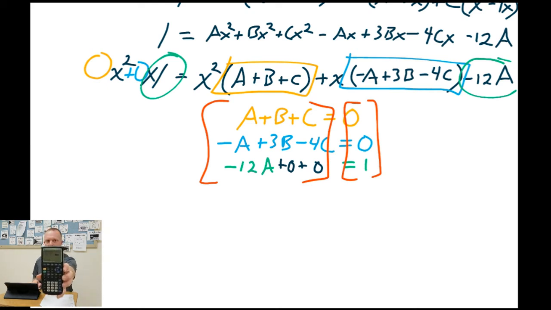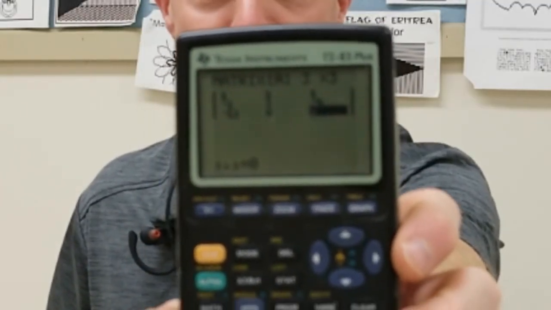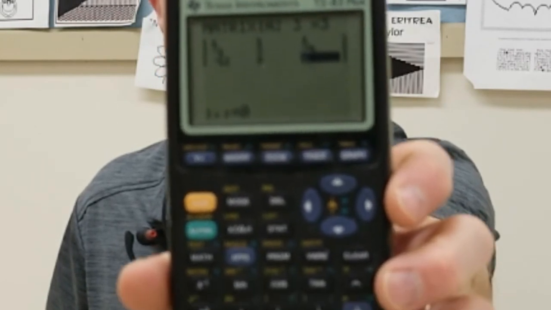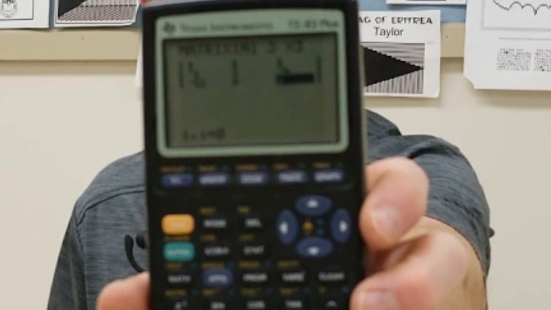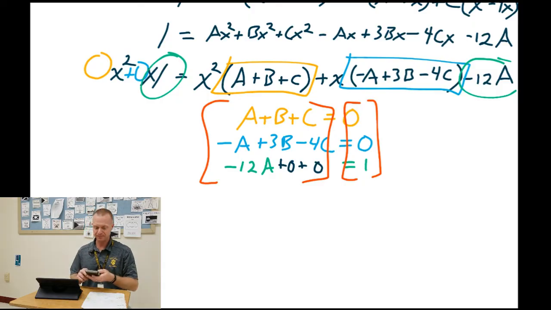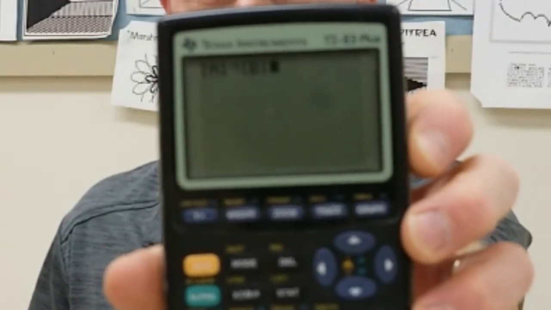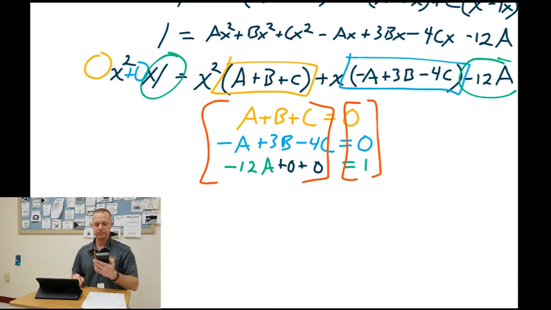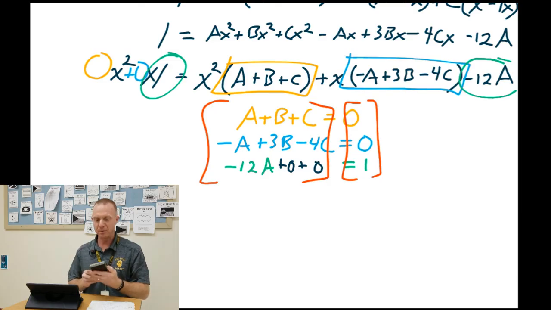So I put in the coefficients of the first equation, which are 1, 1, 1, then negative 1, 3, negative 4, and negative 12, 0, 0. Put in your B matrix. Of course, we'll do the ever famous A inverse times B. And out pops a mess.